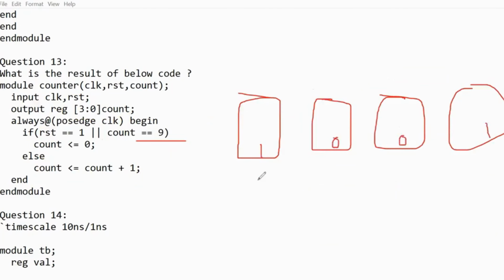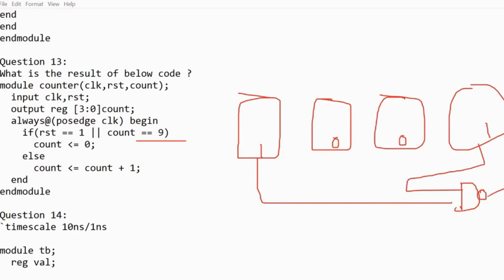Okay. So this and this we need to connect to the NAND gate input, because to make this flip-flop 0 and this flip-flop 0, it should go to reset state. So the output of the NAND gate will be connected to the input of the clear signal.